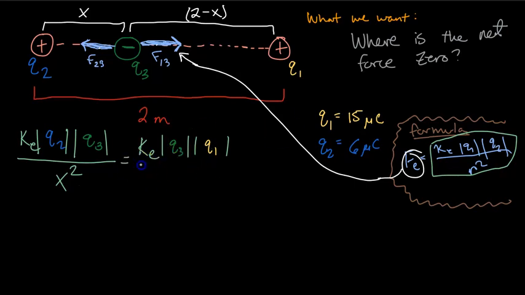And then that will be all over this right here, 2 minus X, and then you square the quantity.